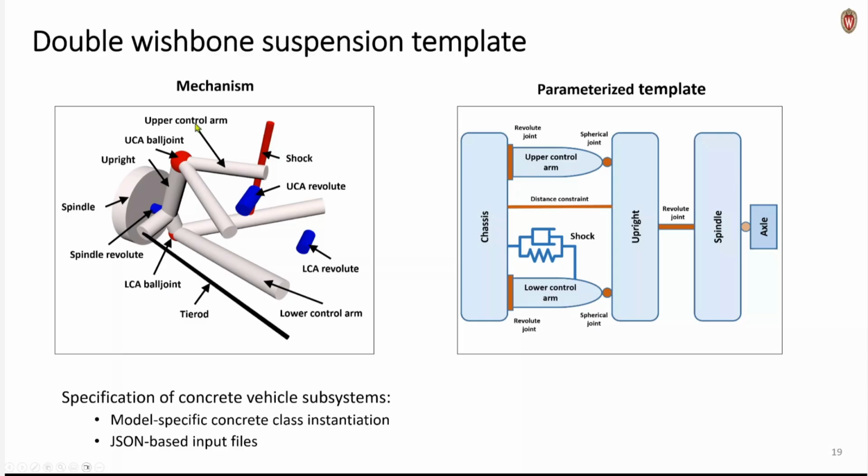This is what you want to simulate with Chrono. Chrono Vehicle abstracts this into this template. And once you specify all the values for masses and inertia of the different bodies and different dimensions between connections and so on, you have a mathematical model of the double wishbone suspension corresponding to the vehicle that you try to simulate.